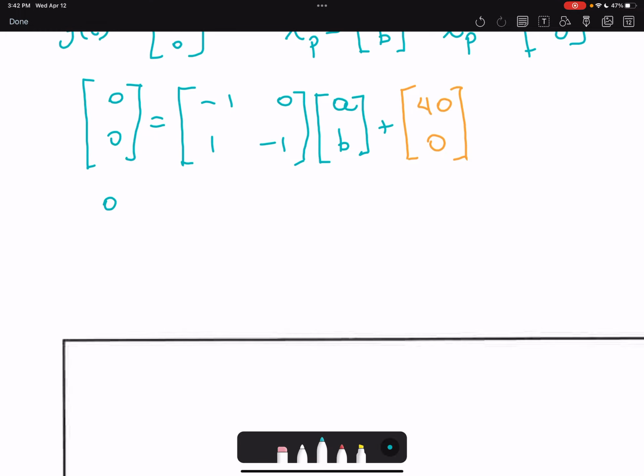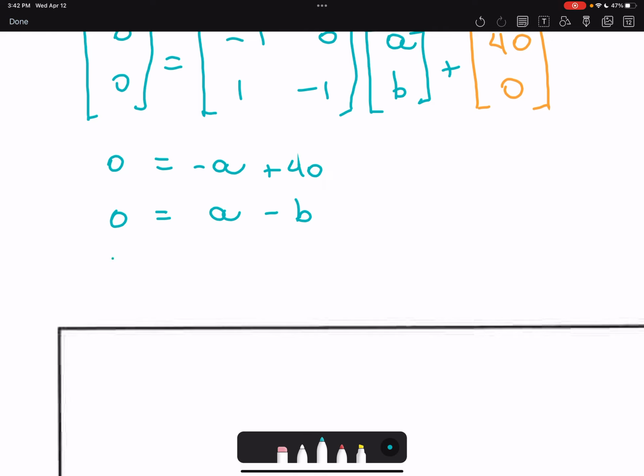So doing that, we get 0 is equal to -A plus 40, and 0 is equal to A minus B plus 0. So that's just going to stay the way it is, right? So let me check. -A plus 40 and B, A minus B plus 0.